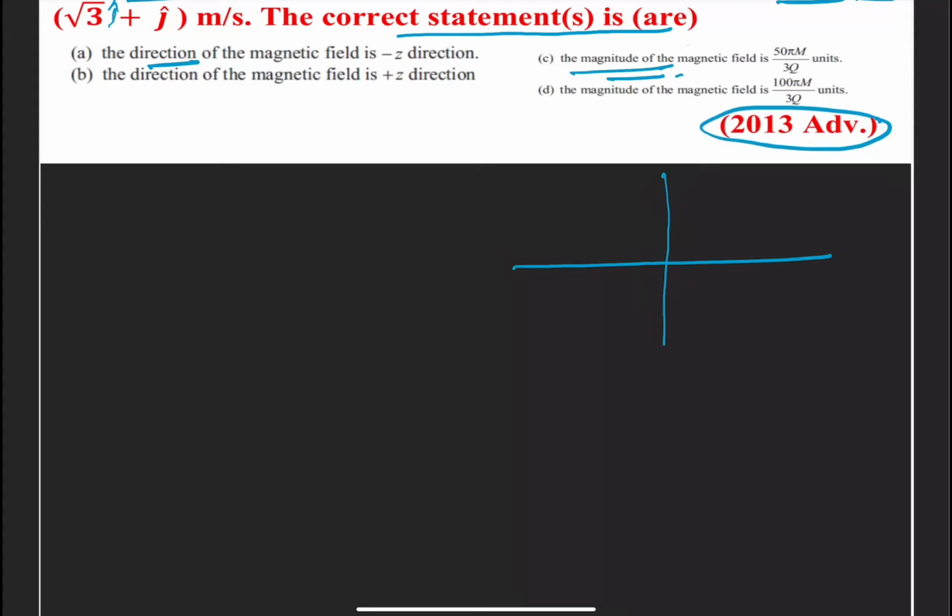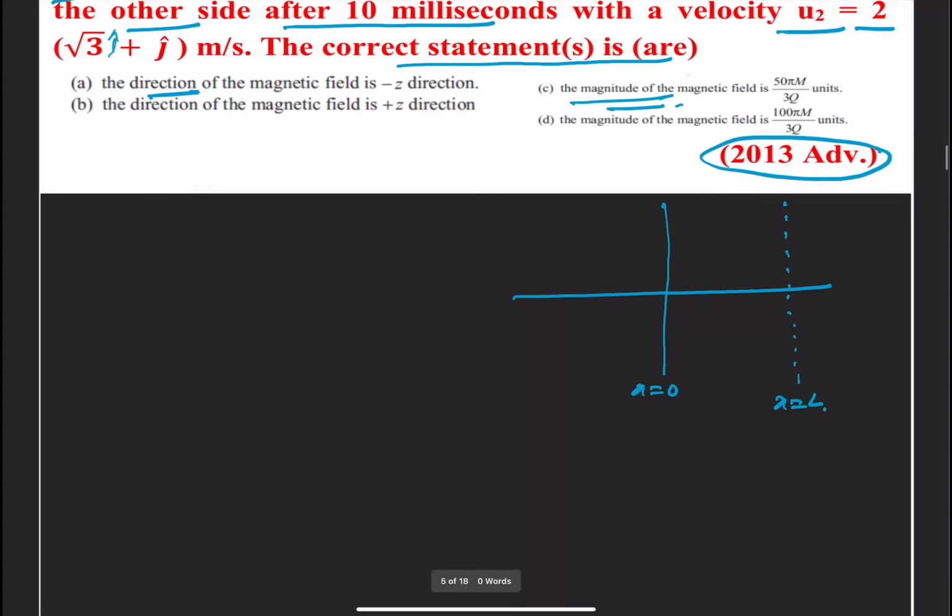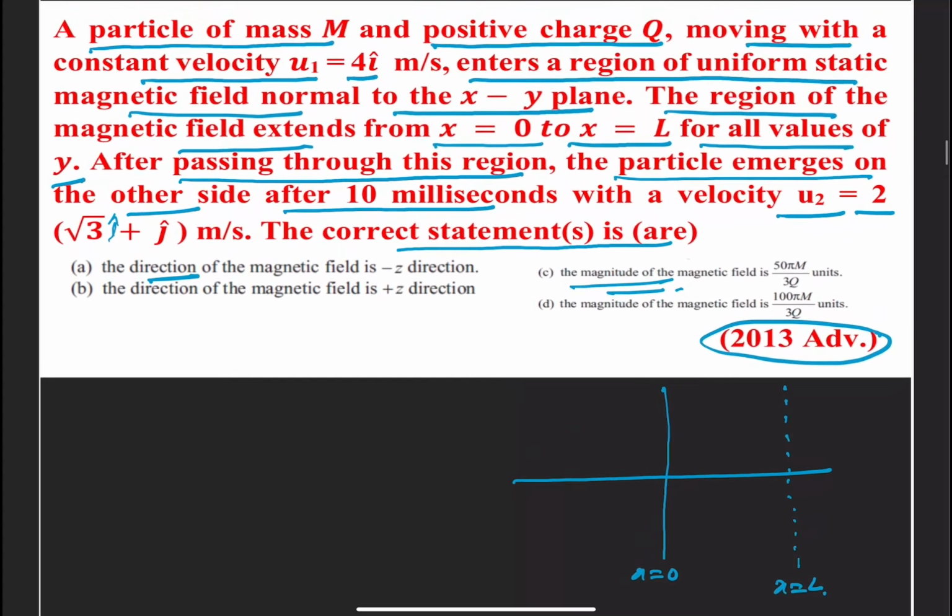This is our x equal to 0 and it extends to somewhere here, x equal to L, and the magnetic field is normal to the xy plane.